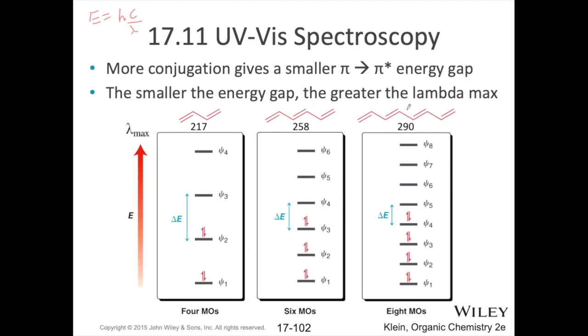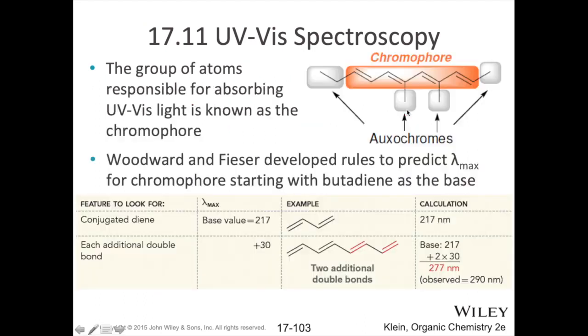Well, one of the main ones is having a larger conjugated pi system. The more molecular orbitals you're trying to squeeze into the system, the more squeezed together and the smaller those gaps are. So that's one of the things we look at.